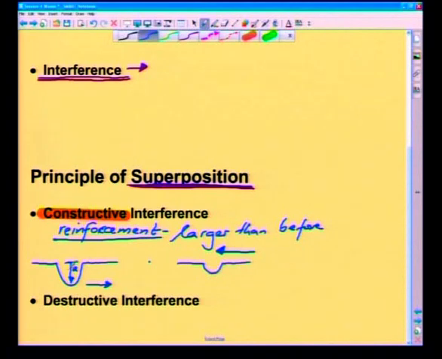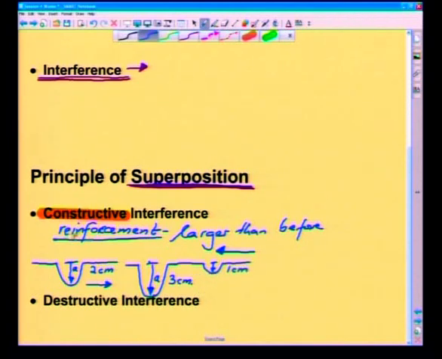Now, if this amplitude here, say it is 2 centimeters for argument's sake, and the amplitude for this one is 1 centimeter, when the two meet here, they will reinforce each other such that the resulting trough will have an amplitude of 3 centimeters.